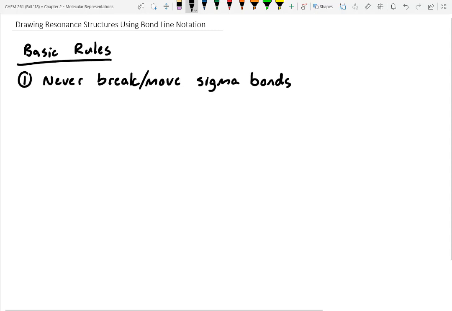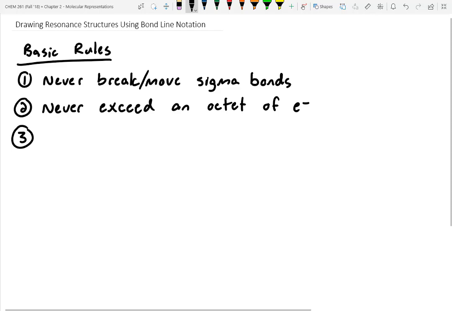That is to say, we never break single bonds, right? All right. Second rule is never exceed an octet of electrons. What do we call that on a carbon? Texas carbon. We never want to see Texas carbons.